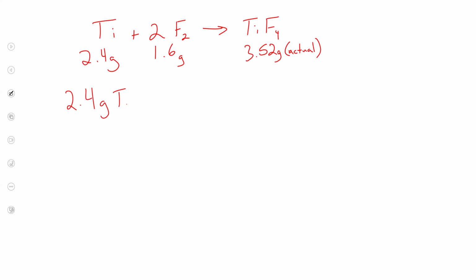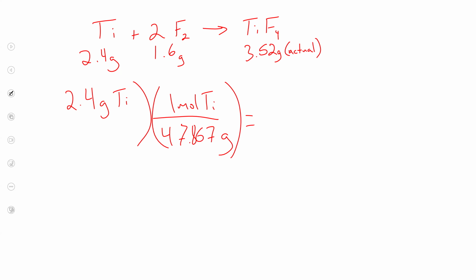2.4 grams of titanium. Straight off the periodic table, 47.867. Can't get away from it, can I?